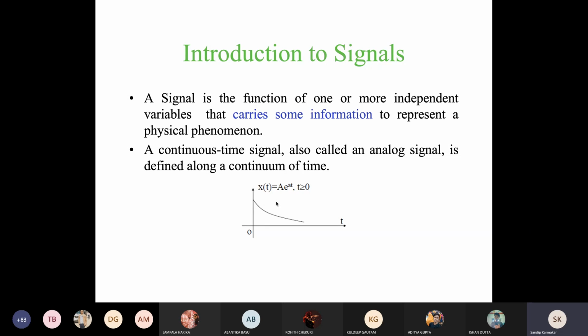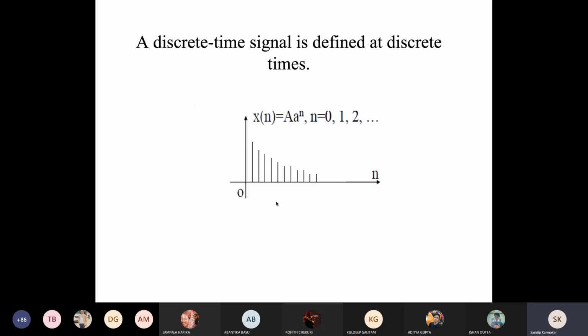There are some types of signals. A continuous time signal, also called an analog signal, is defined along a continuum of time. A discrete time signal is defined at discrete times, like x[n] equal to a to the power n.